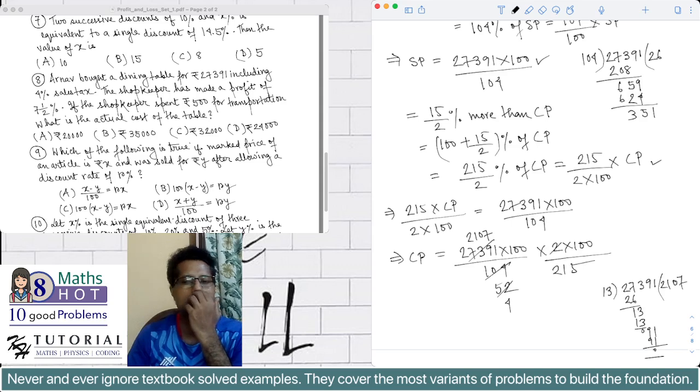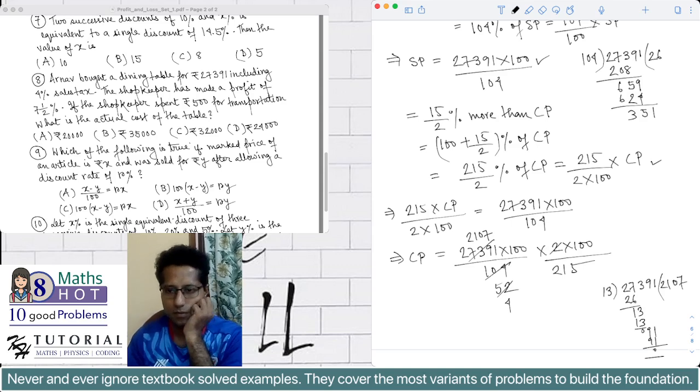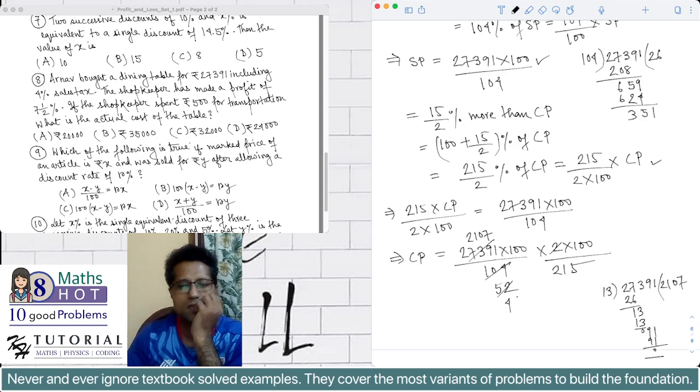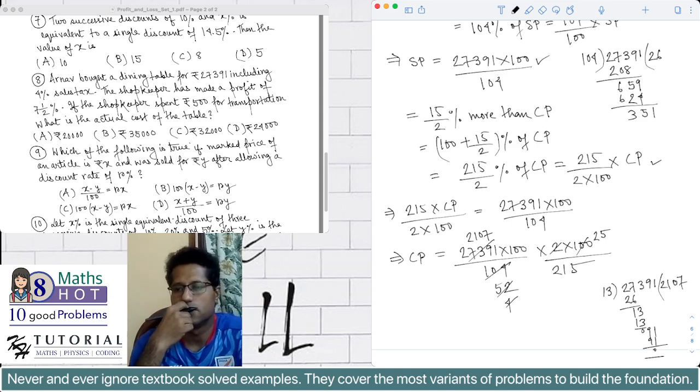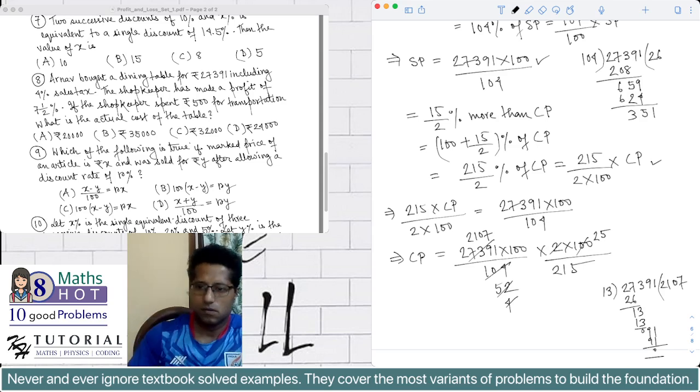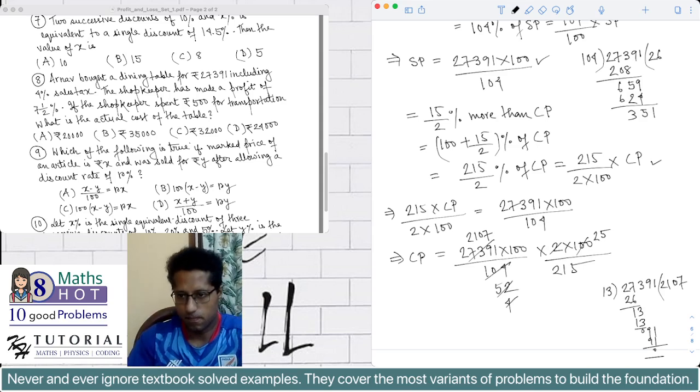301. 4 divides 100 with 25. 5 divides 215 with 43.